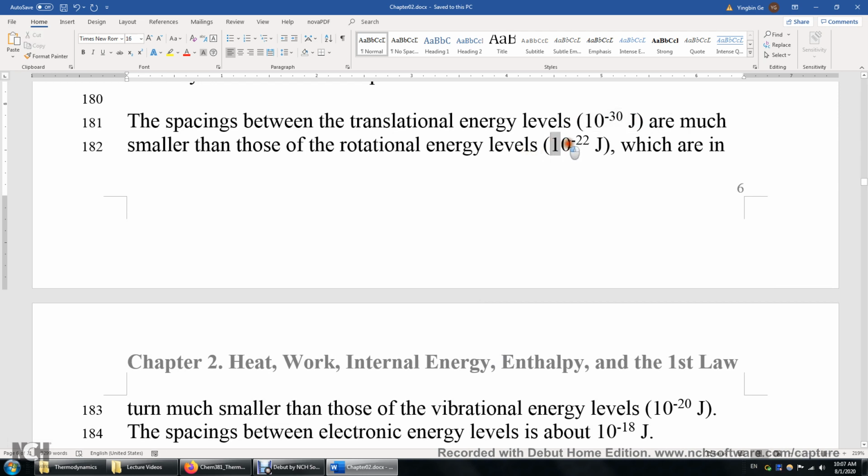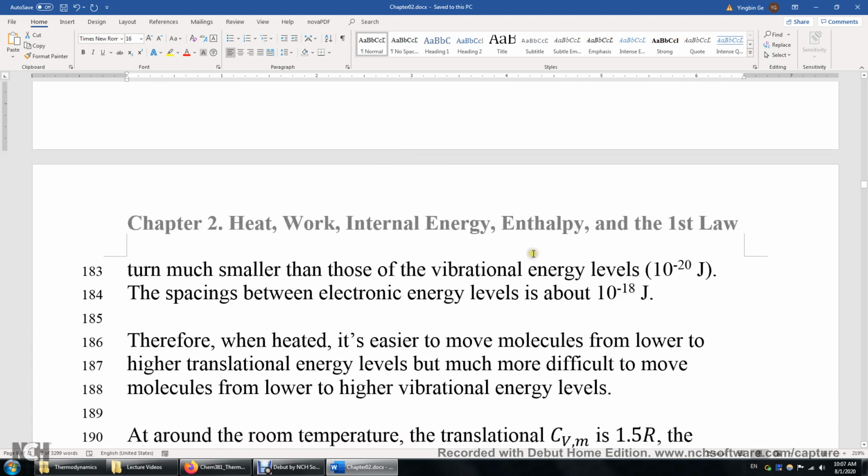It's a bit more difficult to promote molecules from lower rotational energy level to higher rotational energy level, but still, it's very easy at room temperature. However, at room temperature, it's very difficult to move the molecules from the lower vibrational energy level to higher vibrational energy level, not to mention electronic energy levels.